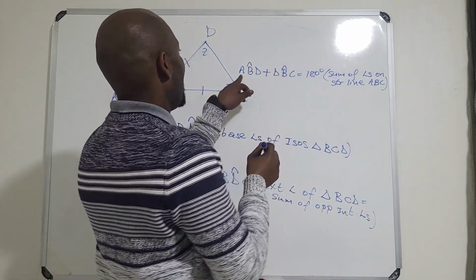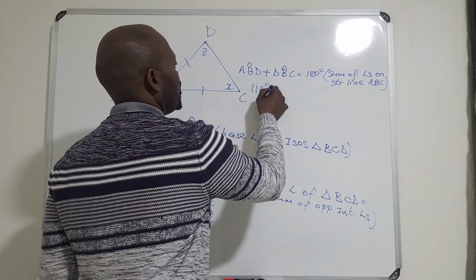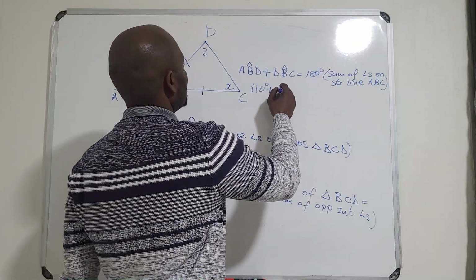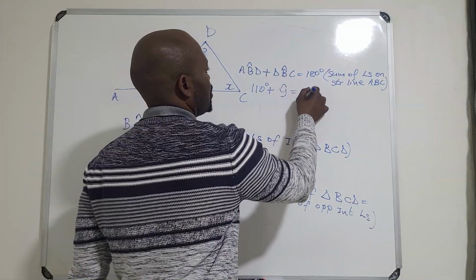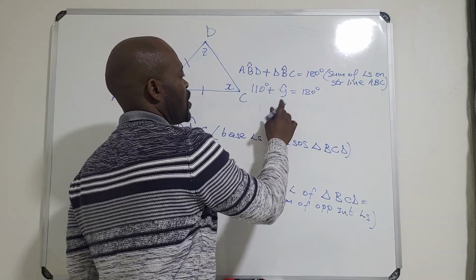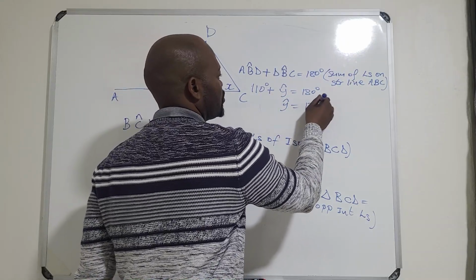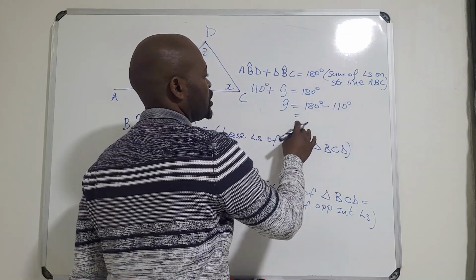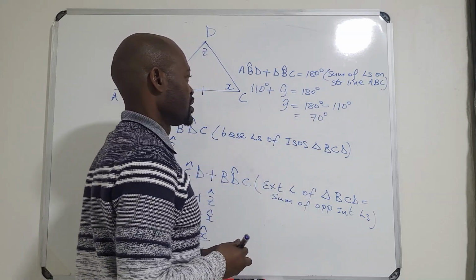Now, angle ABD plus angle DBC is angle y, which is equal to 180 degrees. We are solving for y. Angle y is equal to 180 degrees minus 110, which is equal to 70 degrees.